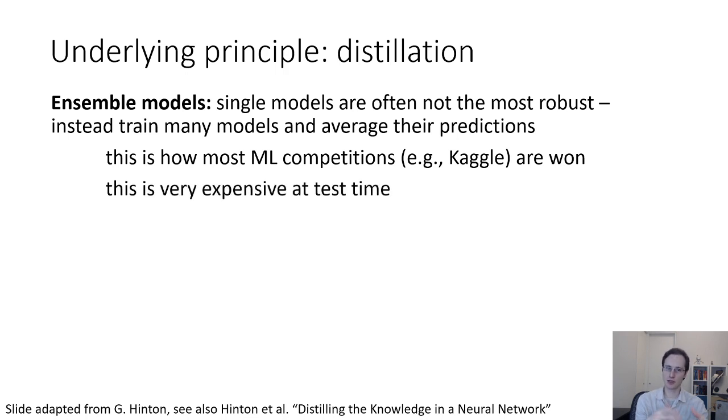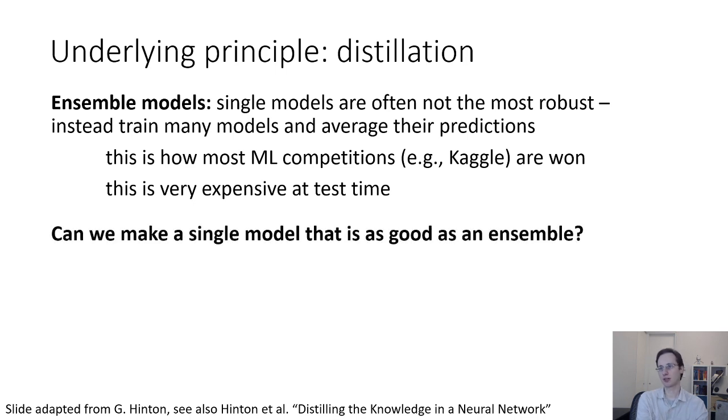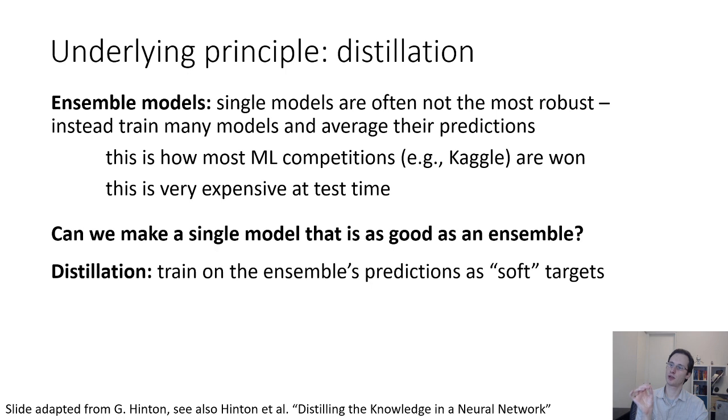The trouble is that keeping all those little models around can be very expensive at test time. In the case of RL, you have to select which model to use, but even if you have an ensemble, just keeping them around can be very costly. So can you instead make a single model that's as good as all of your models together? In the realm of supervised learning, when we talk about model ensembles and things like image classification, you could essentially train a single model that's as good as your ensemble.